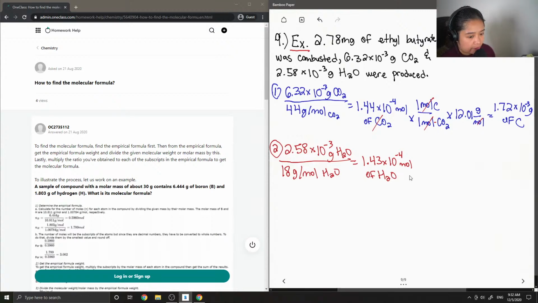Okay, so now we are going to find the mass of hydrogen that was produced. So to convert from the moles of H2O to the moles of hydrogen, we know that there are 2 hydrogen atoms in 1 water molecule. So this time we multiply by 2.